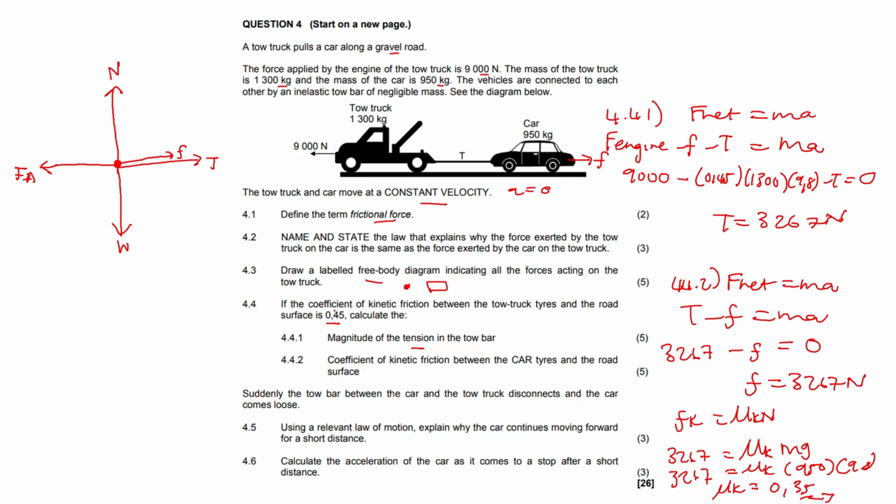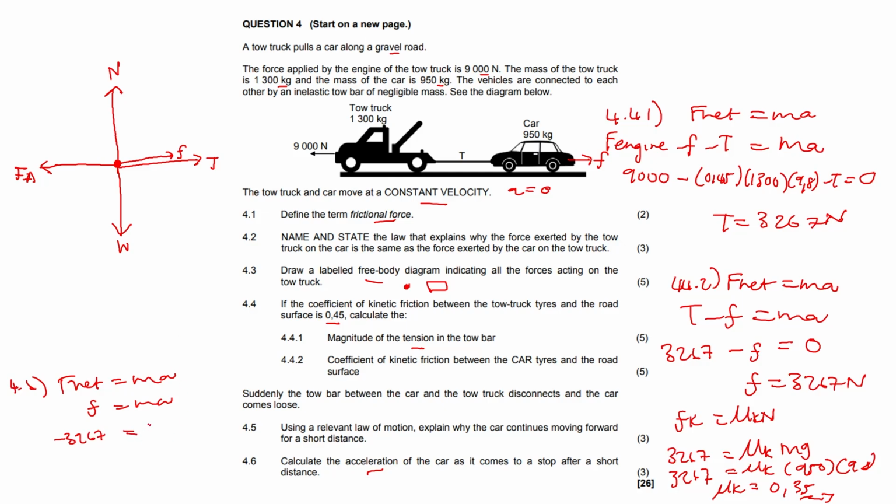4.6. Calculate the acceleration of the car as it comes to a stop after a short distance. So we use our trusted formula again, F net equals ma. Now there's no tension, so it's only the friction. So friction equals ma. We've already calculated the friction, which is negative 3267, remember, it's going in the opposite direction.